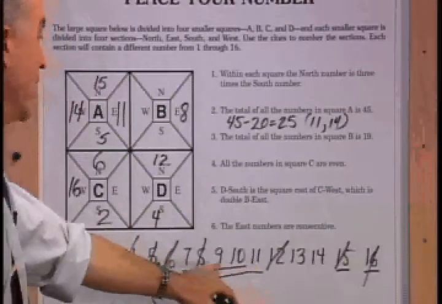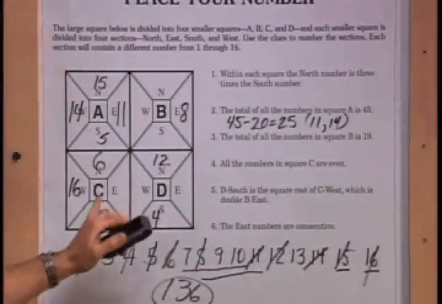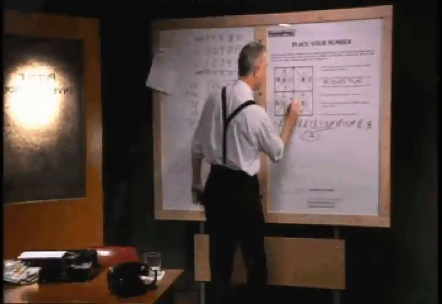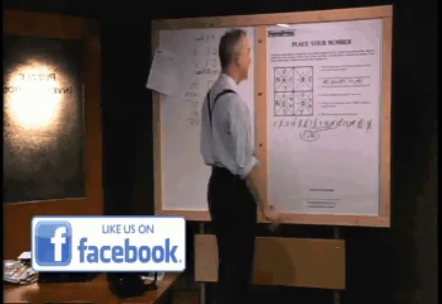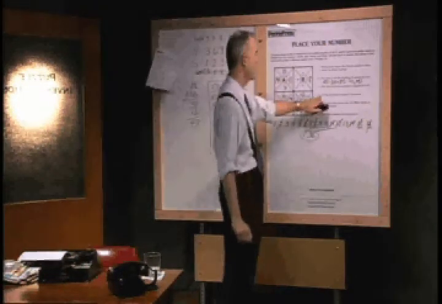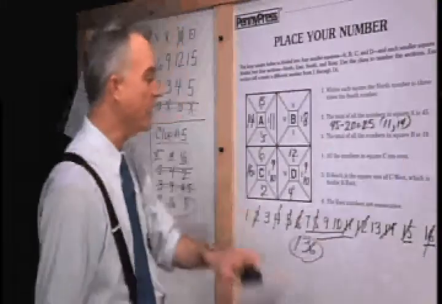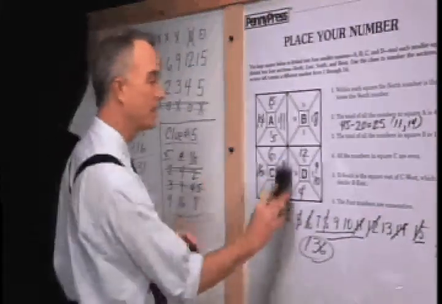Now we also know that we've used 11 and 14, so the remaining east numbers are either 9 or 10. Let's put 9 or 10, 9 or 10. What is the next clue that's going to get us to that answer? Well, if we go back to clue 4, all of the numbers in square C are even. 9 obviously is not even, but 10 is.